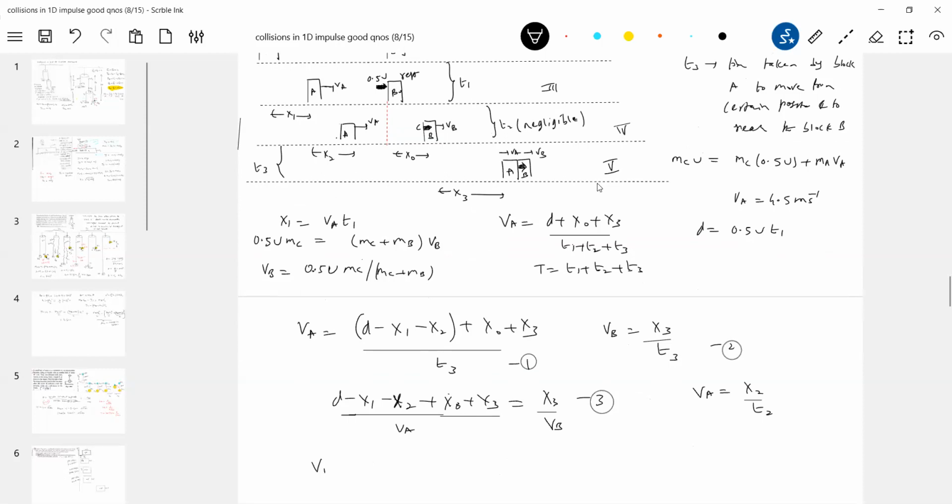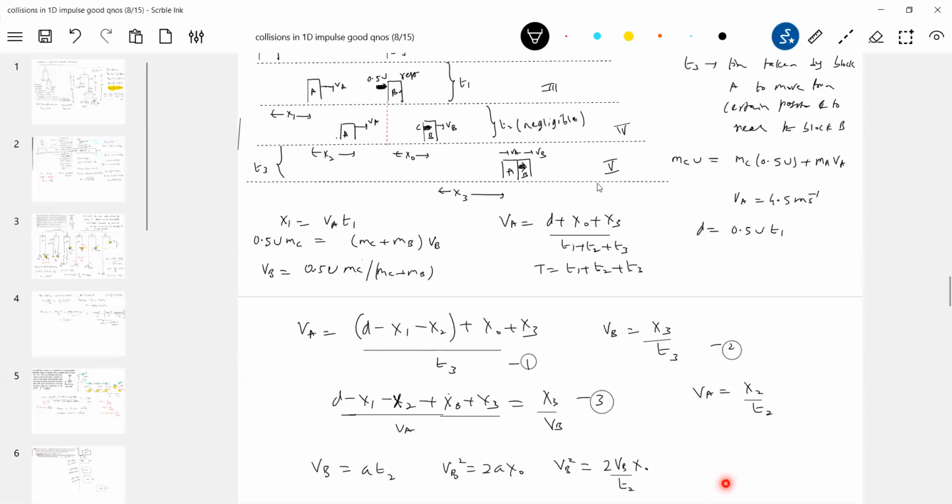For block B, there is the acceleration. For what interval of time? For time T2. Then VB square equal to 2A x naught. So further, VB square is equal to 2 times acceleration, which I'll write as VB by T2, times x naught, so this will become 2 x naught by T2.